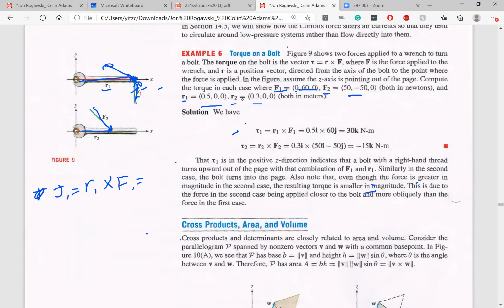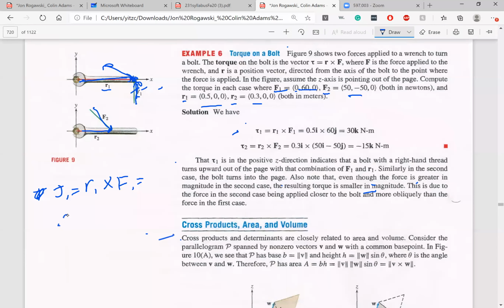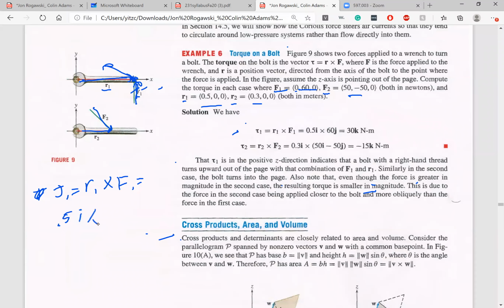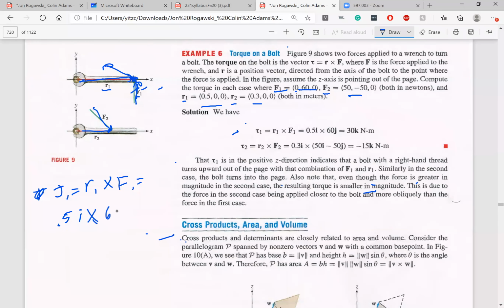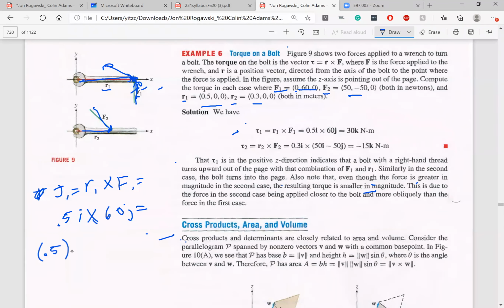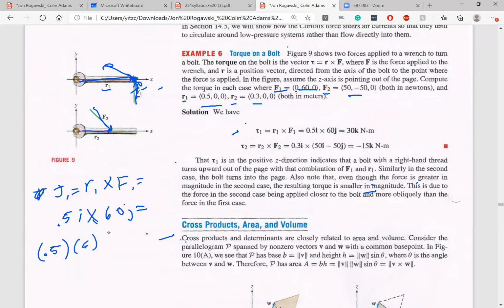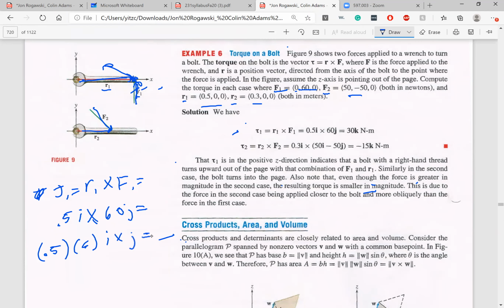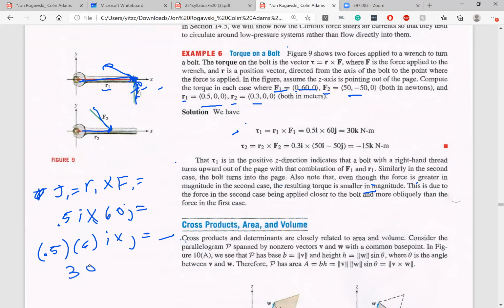We have the components over here as 0, 60, 0, so F1 is really 60J, and R1 is 0.5I. This is 0.5I cross 60J, which is equal to 0.5 times 60 I cross J, which is equal to 30 times K.